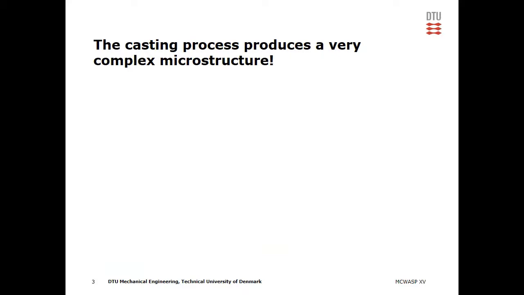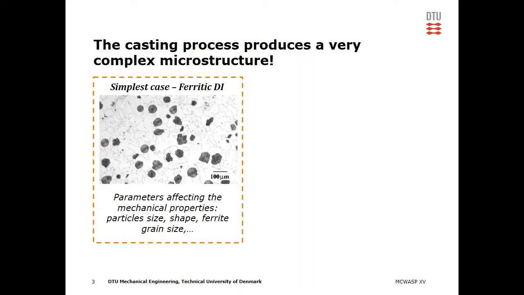It's difficult to control the mechanical properties of this material. The main reason is the very complex microstructure. The simplest case we can have is the ferritic ductile iron, which is a composite made of graphite particles embedded in a ferrite matrix. And already in this case, there are a number of parameters that can affect the mechanical properties, like the particle size, shape, the ferrite grain size, and many others.